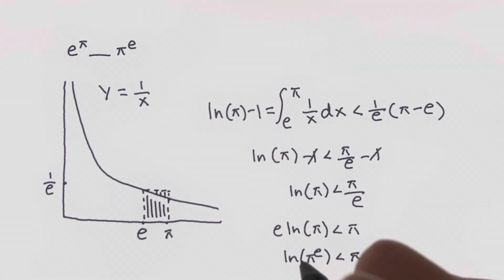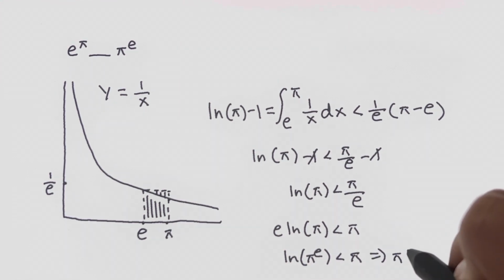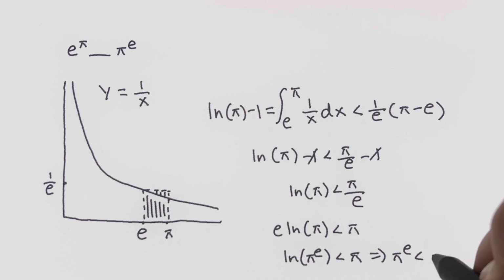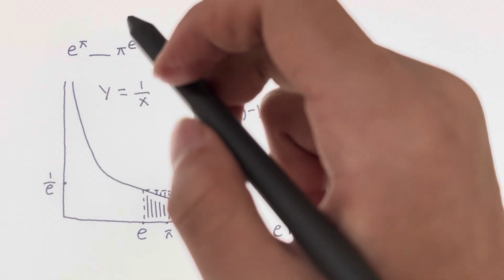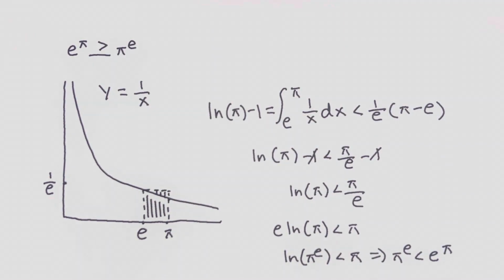And then we can apply a property of the log, meaning that since this is log base e, this will become pi to the power of e is less than e to the power of pi, because we can rewrite log as basically the inverse of exponents. So that is how we got this. So the answer to this problem is that e to the power of pi is greater than pi to the power of e. And that is how you solve this problem.